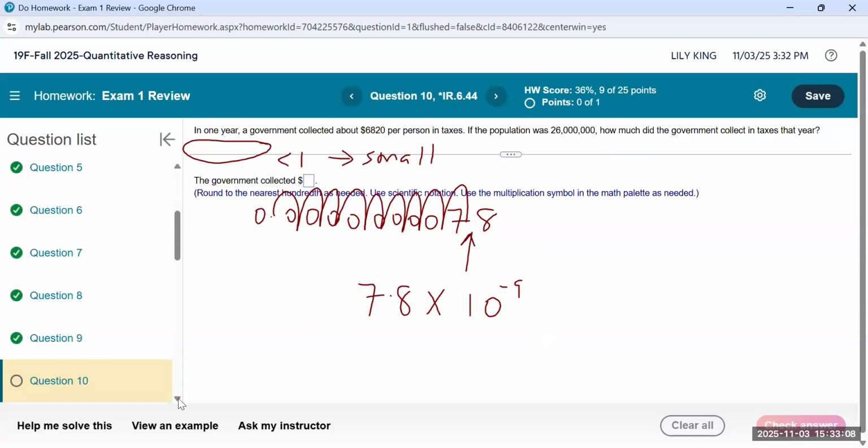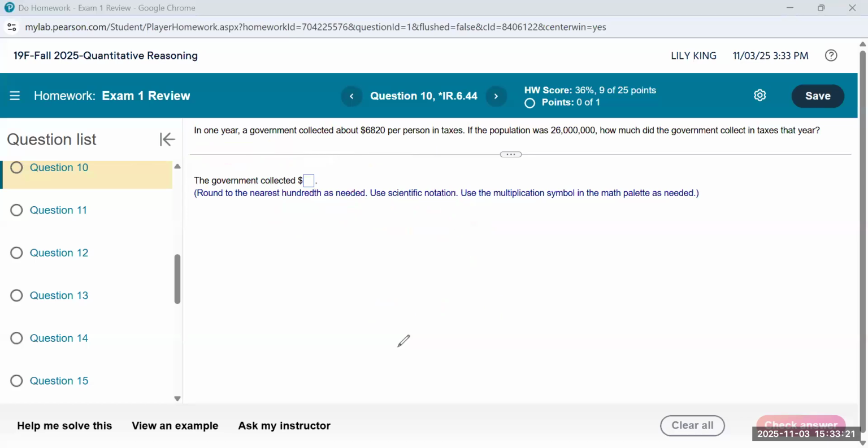All right. Question 10. For this question, we are looking at how much the government collected in taxes that year. So in 1 year, the government collected about $6,820 per person.